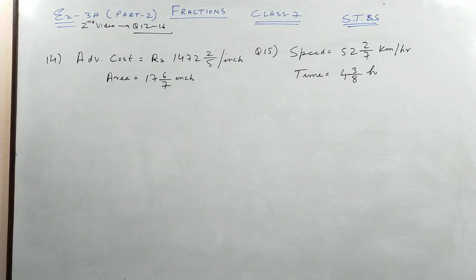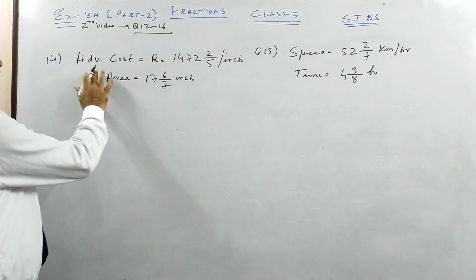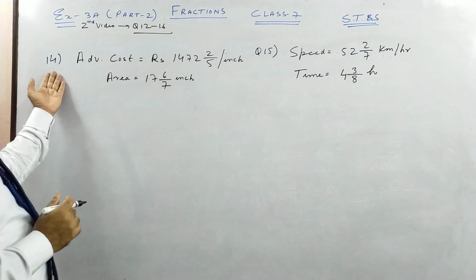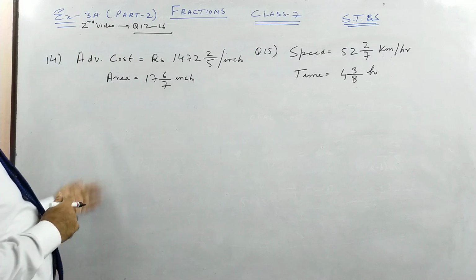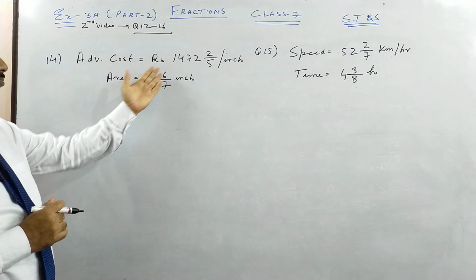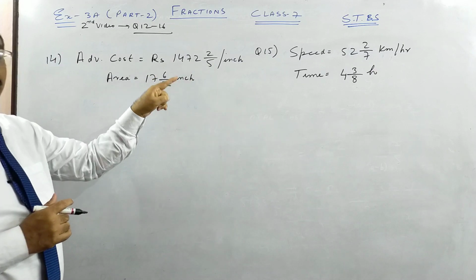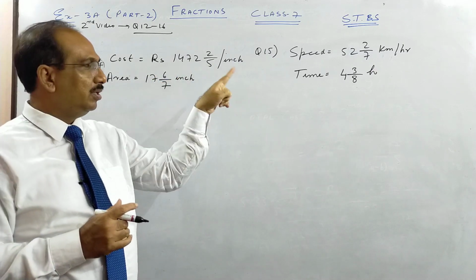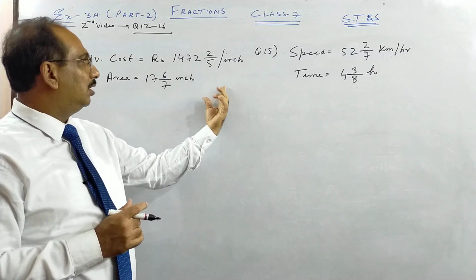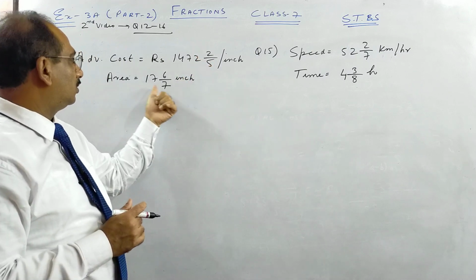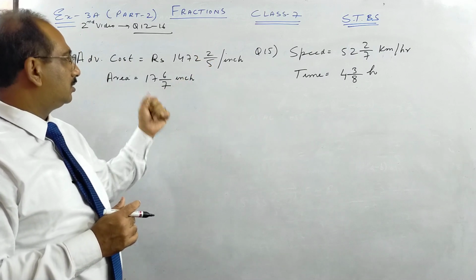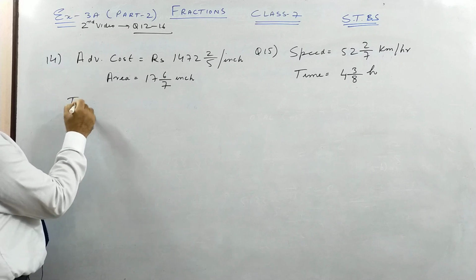Next sum, advertising cost. If you see question 14 of exercise 3A, the advertising cost is given per inch. If you give an advertisement in a newspaper, the per inch cost is given, and the total area is this much inch. So what is the total cost?